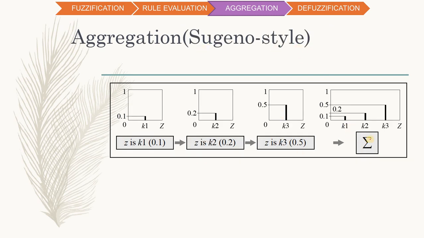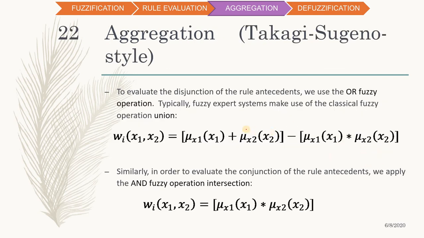In Sugeno style, you aggregate all of the mathematical functions that you have input with the x and y values from the input variables, and from here you calculate the weighted average for the defuzzification process. So this is similar for the aggregation of Takagi-Sugeno style.